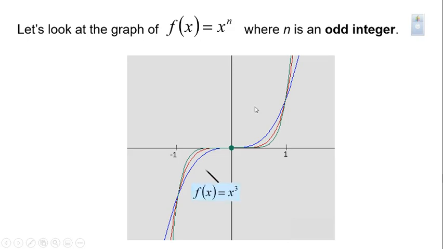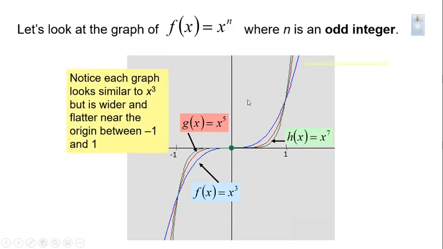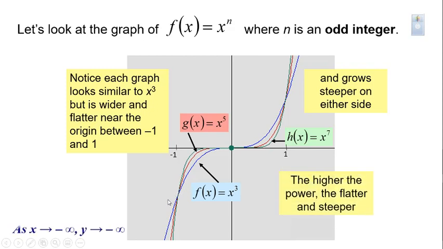So the graph is doing different things on the left side than on the right side. So the end behaviors are different. In this case, as x approaches -infinity, y approaches -infinity. But as x approaches positive infinity, y approaches positive infinity. So the end behaviors are different.